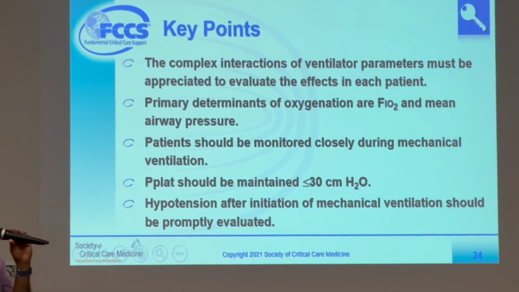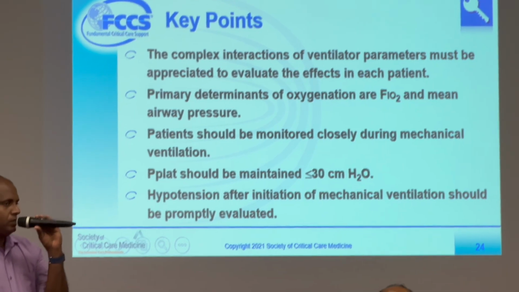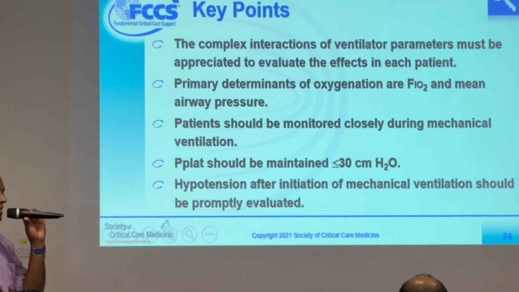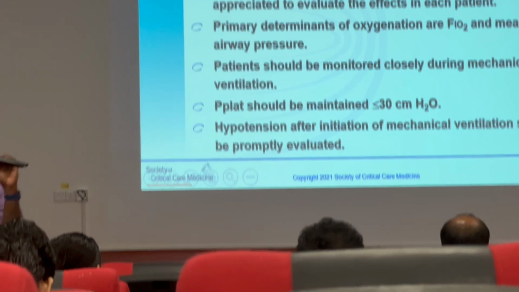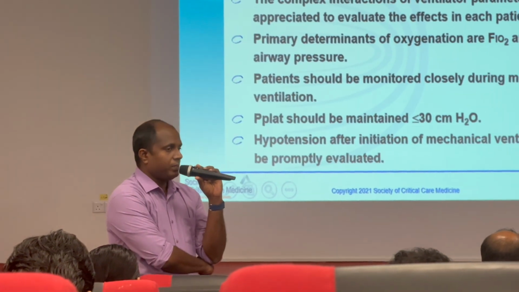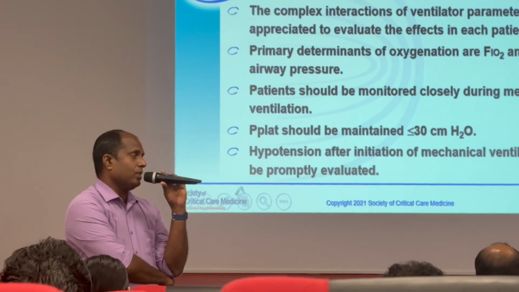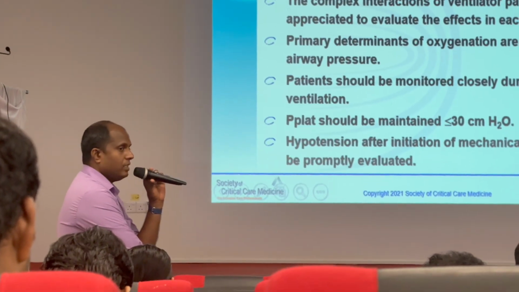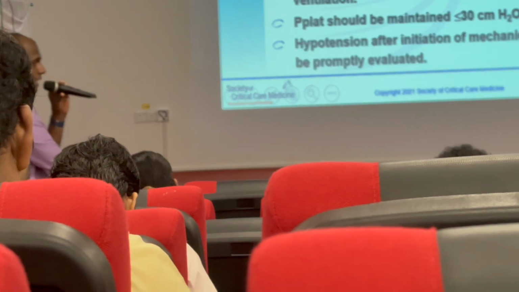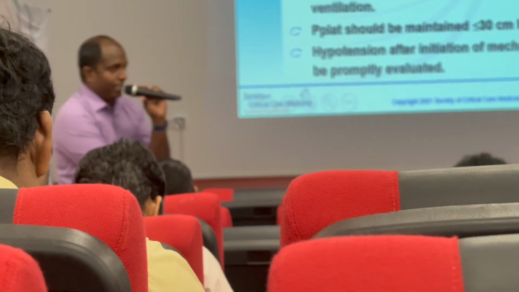ARDS ventilation: low tidal volume, high PEEP. FiO2 adjusted according to ARDSNet guidelines. Inspiratory time: more inspiratory time is preferable. You start around 1:1.5 and you can increase to 1:1. Monitor the patient clinically and with arterial blood gas.